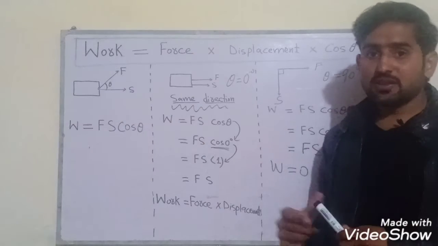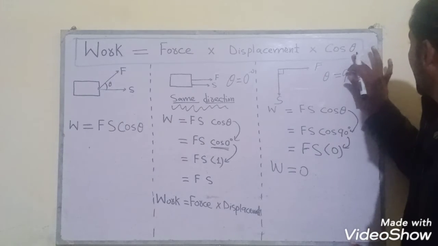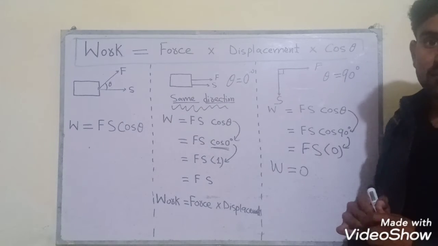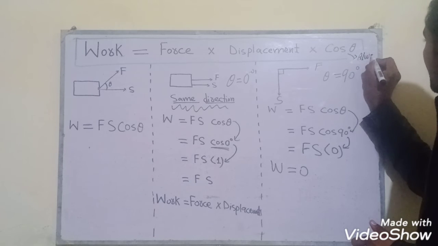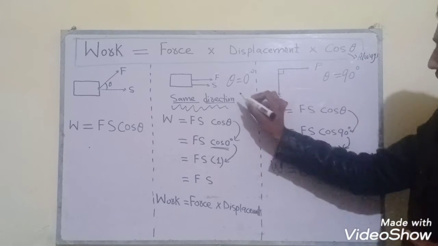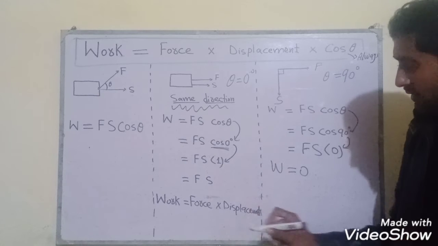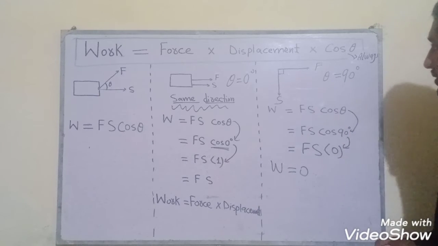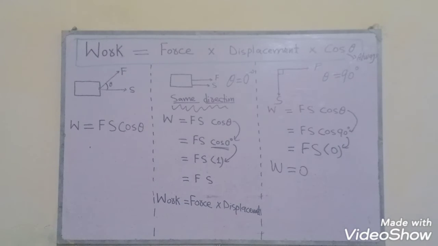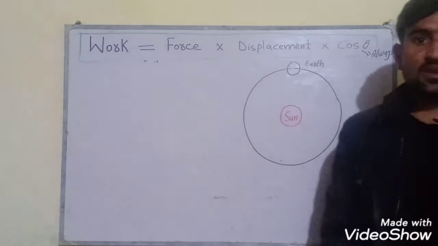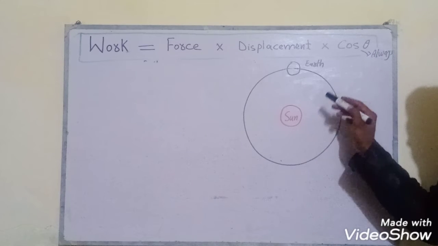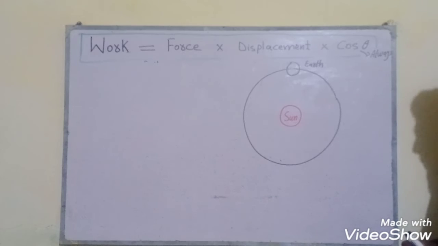From these conditions, we can say that this formula is always correct. Always correct. The other formula is also correct, but in a particular condition. Here we discussed earlier, while Earth is rotating about the Sun, what is work done in a round trip?